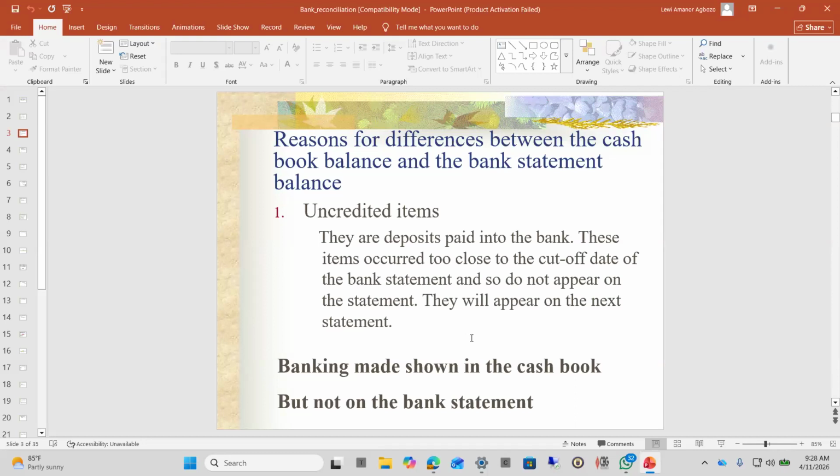And so those items can be described as uncredited items. It could be that you send a check to be deposited into your account. The bank is supposed to credit your account, but maybe you got there late, or they had a lot of work on them, or their system even has failed them.